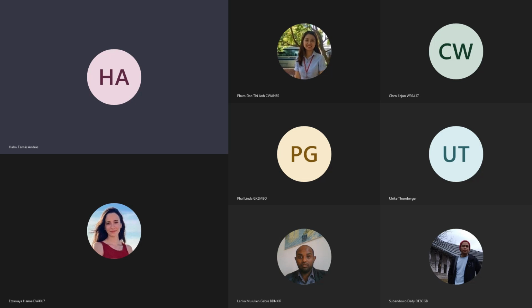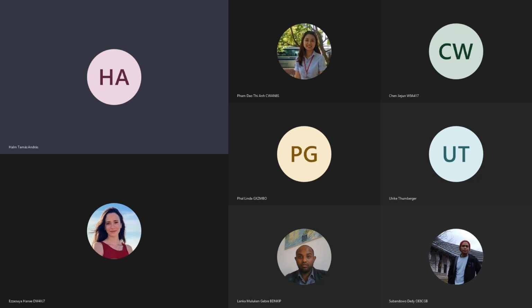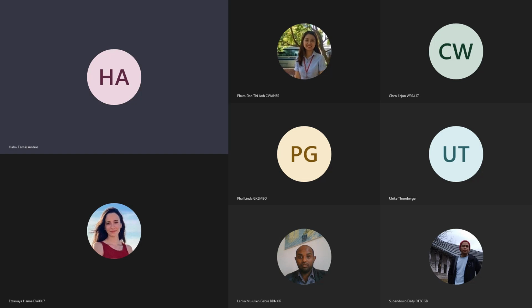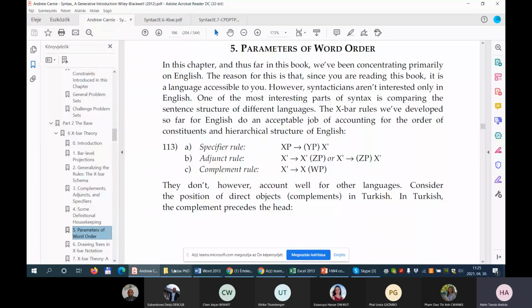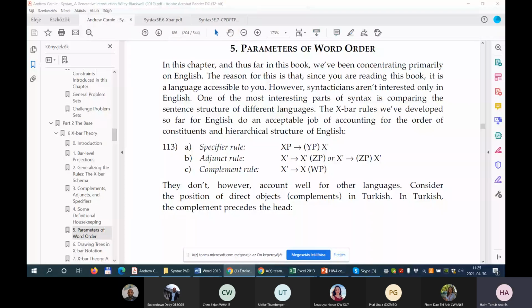Yes, we looked at the definitions, and now we can talk about parameters of word order, and that's an interesting bit. So let's look into this. What are these parameters I am talking about?